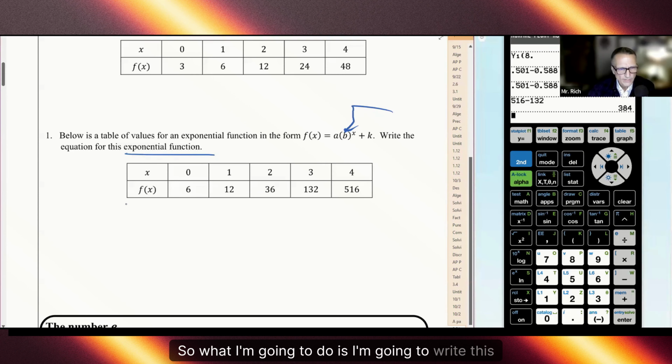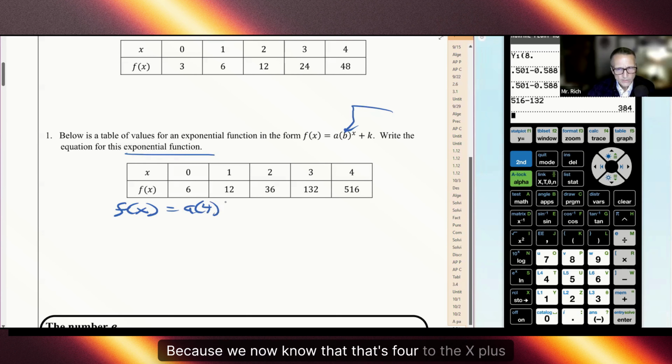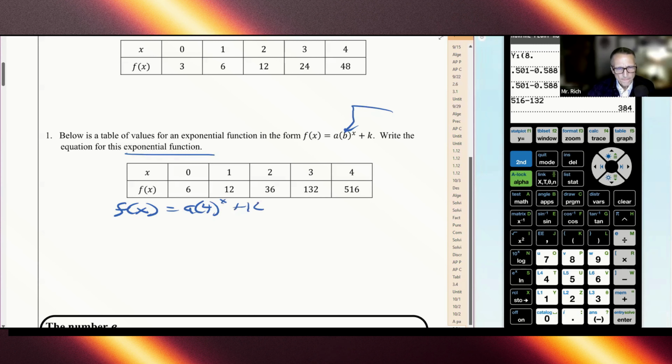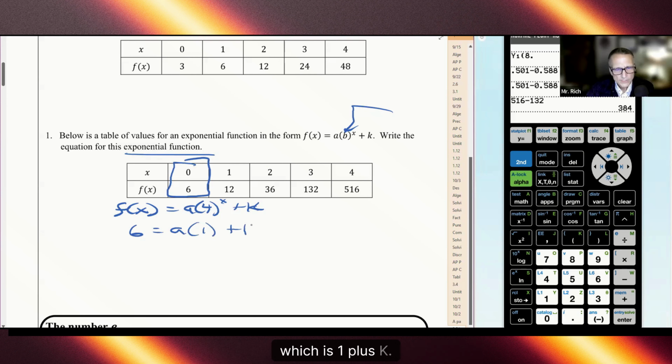So what I'm going to do is write this function as f of x equals a times 4 to the x plus k, because we now know that b is 4. And now the only things that we need are the constants a and k. So we're going to stick the first point that we know into the function, since it has to be a solution to this. So we get 6 is equal to a times 4 to the 0, which is 1, plus k.